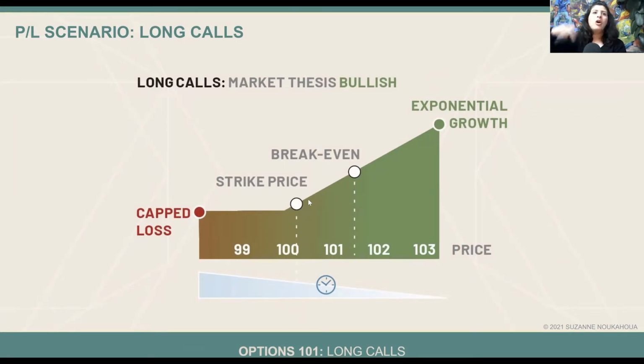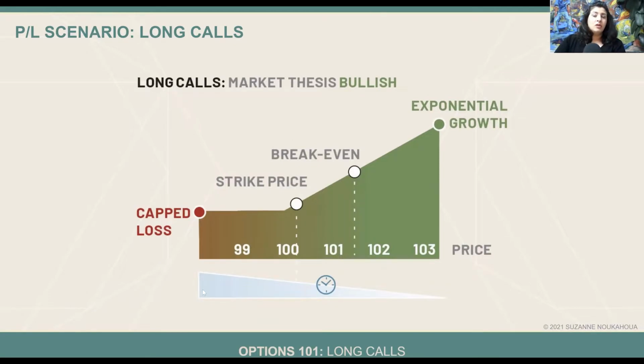Whether it's a long call, long butterfly, debit spread, whatever, as we move forward, when you pay to get into something, that is the maximum you can potentially lose. So your losses are capped. But the potential growth with long calls is exponential if the price moves the way that you expect.